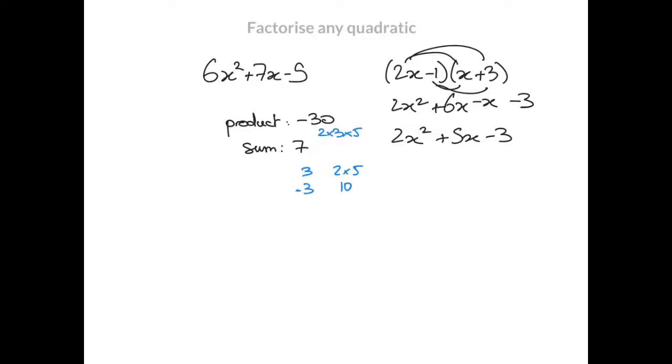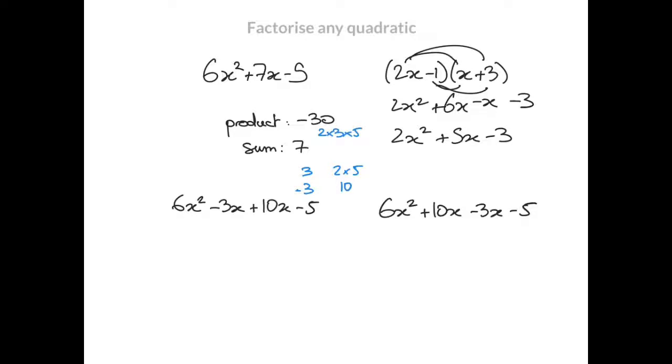We are now going to change the 7x for minus 3x plus 10x. So let's do this. We have 6x squared minus 3x plus 10x minus 5. You can notice that here we could have also written 6x squared plus 10x minus 3x minus 5.